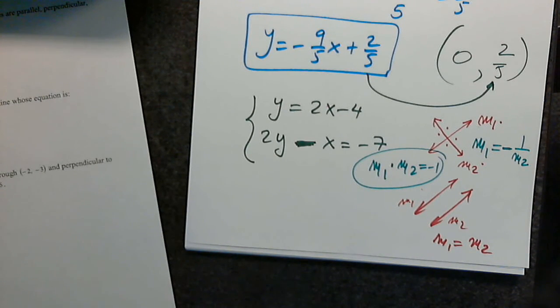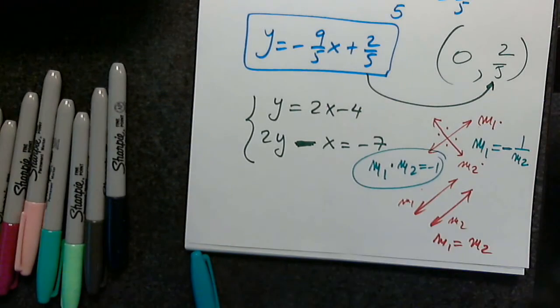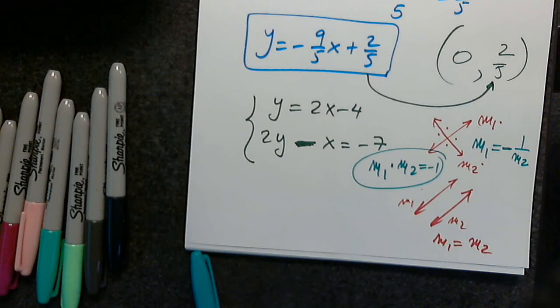So, before I decide whether these two lines are either perpendicular or parallel, I have to determine what? What do I have to find in order to identify whether they are parallel or perpendicular?